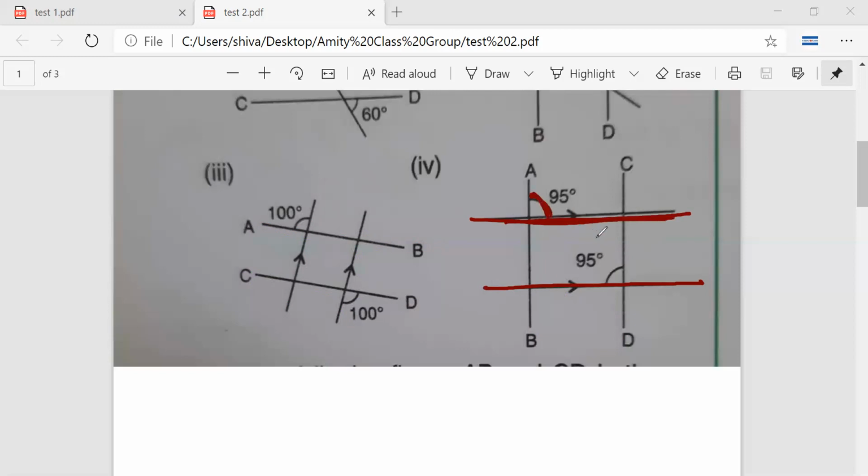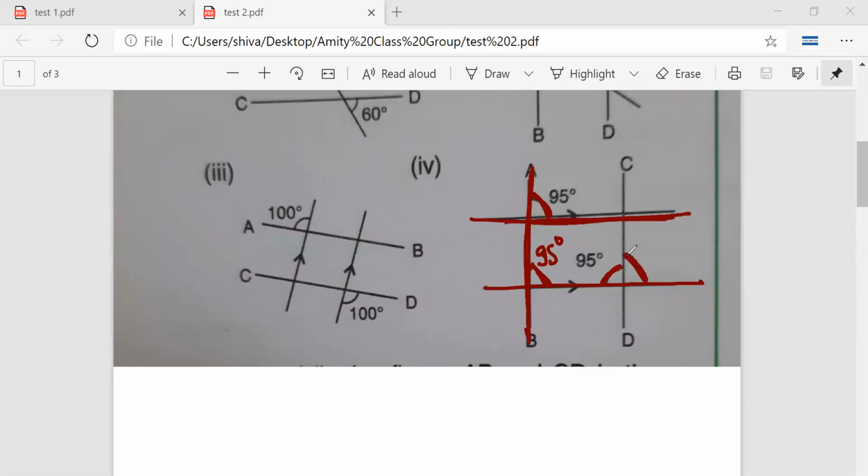Therefore, this is a transversal, and this angle is 95 degree. Any doubt about this? No, sir. Okay. This angle is 95.